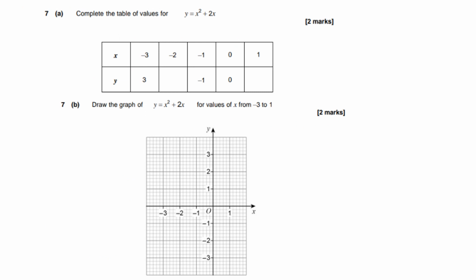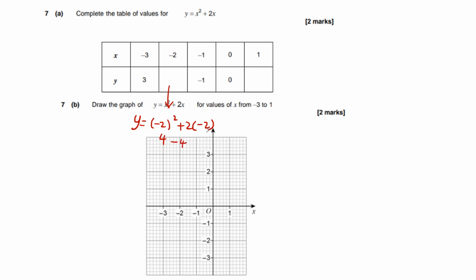Right, question number 7a, complete the table of values for y is equal to x squared plus 2x. Okay, so we're just going to have to substitute -2. The rest is given to us, so -2 and 1 is going to be substituted into our equation. So we have y is equal to -2 squared plus 2 times -2. -2 squared is 4. 2 times -2 is going to be -4.